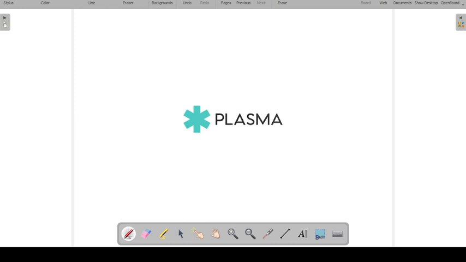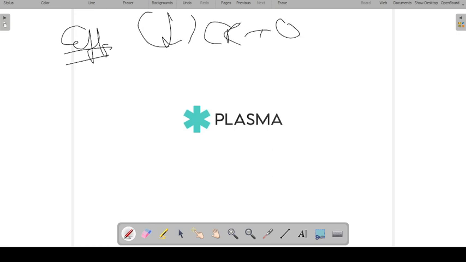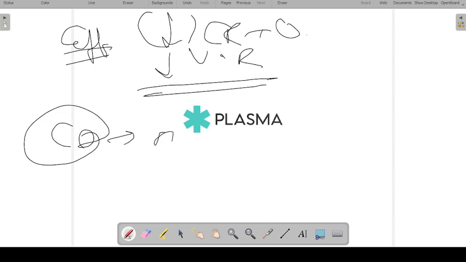Now effects: it reduces the cardiac rate and output and reduces vascular resistance. Clinical applications are in hypertension, angina, and arrhythmias.